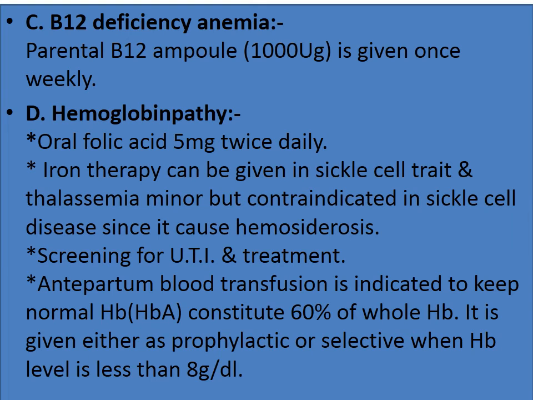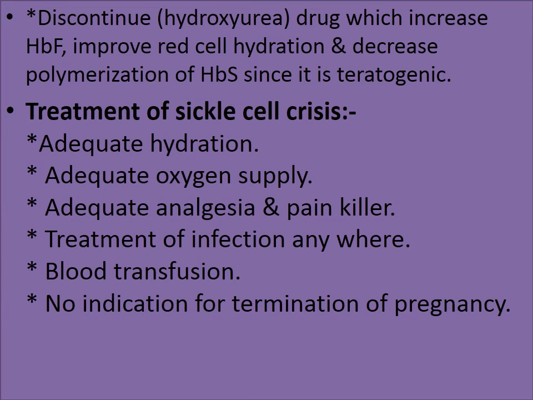It is given either as a prophylactic or selective when hemoglobin level is less than 8 grams per deciliter. We should discontinue hydroxyurea, the drug used in the treatment of sickle cell disease, which increases hemoglobin F, so improves red cell hydration and decreases polymerization of hemoglobin S. It should be discontinued because it is teratogenic.